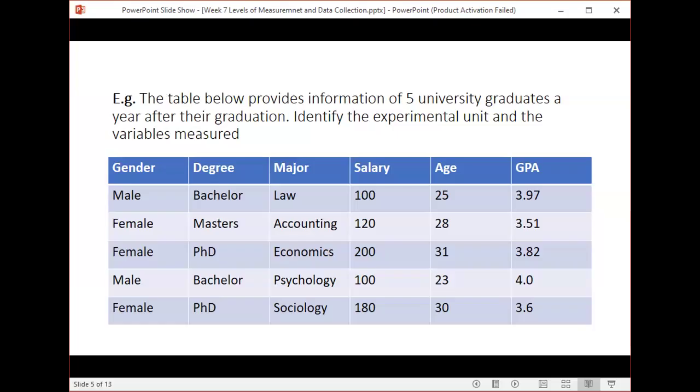Is he here or we lost him? Majid, you said the opposite. Why do you think it's the opposite? Why are you saying that salary and age are continuous and GPA is discrete?